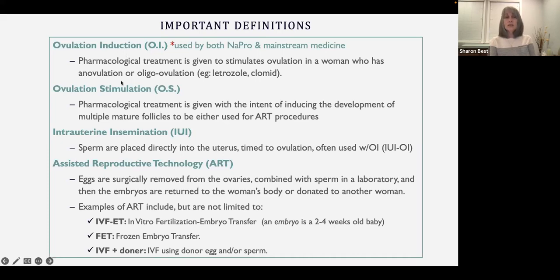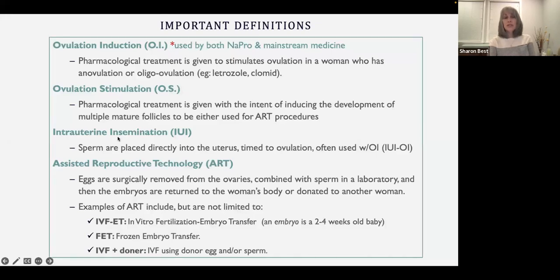Now, I want to contrast that to something called ovulation stimulation, which is only used in assisted reproductive technology. The goal of this is to increase the number of follicles that the woman forms in that ovary in order to be able to extract those eggs for IVF.